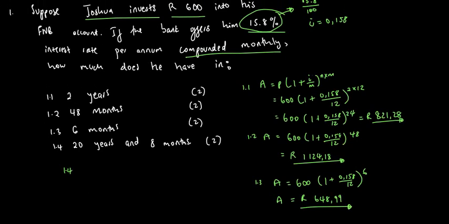For the years, I said 20 years multiplied by 12 plus 8, to get the number of months.